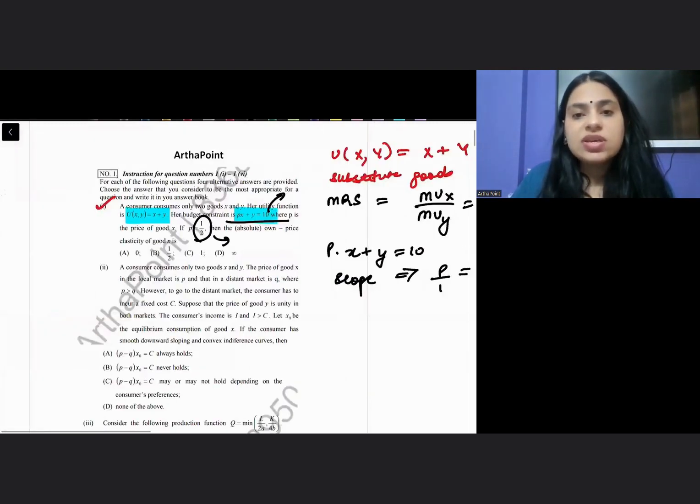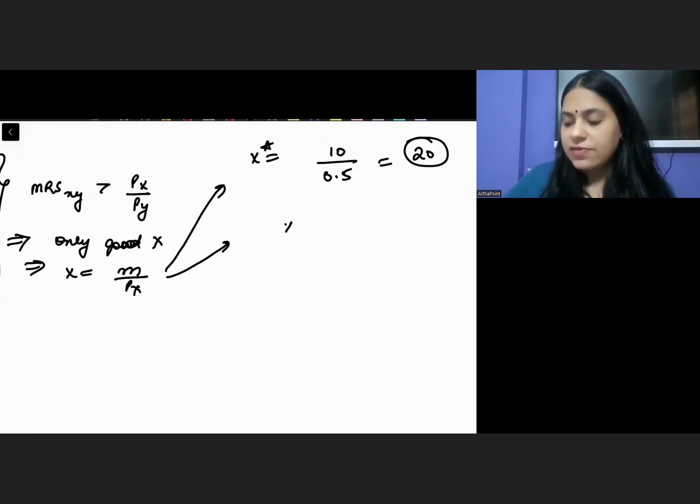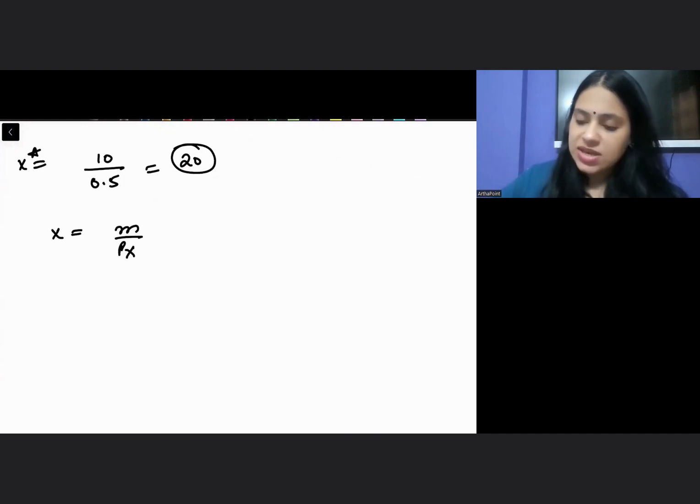Okay. Now it says what is going to be the absolute own price elasticity of good X. So now you try to see from here, beta, I have got X is equal to M by PX, right? Now there are two ways to find out the absolute price elasticity. The first technique can be very simple.